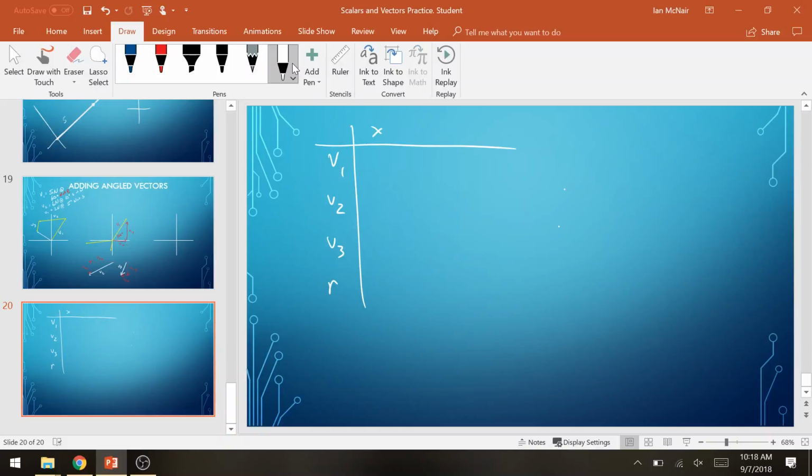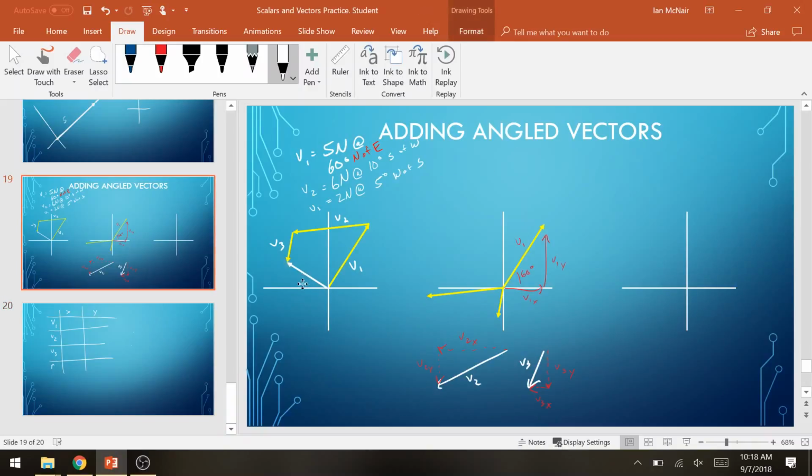Each one of these has an X component and a Y component. Cool. So we can get all of these and we'll find a sum. This will be the X component for our resultant, the Y component for our resultant. We can use Pythagorean theorem. We can use sine, cosine, tangent, whatever. And then we can get our final answer, which will be whatever this vector is.